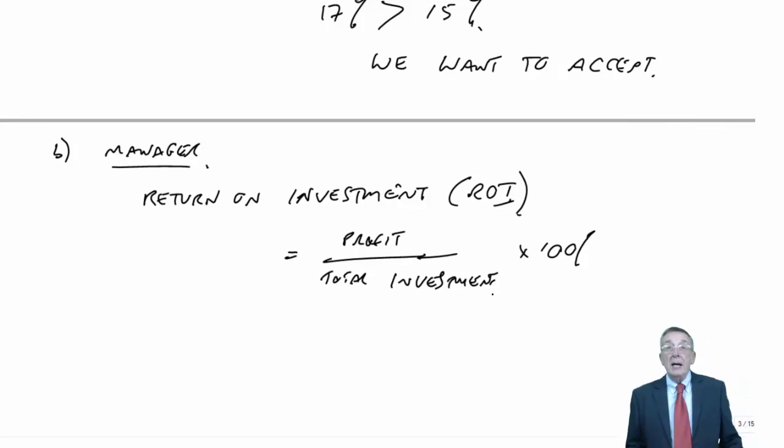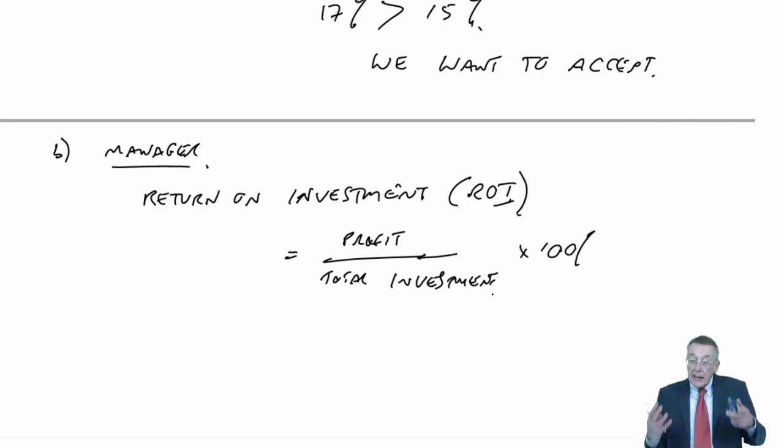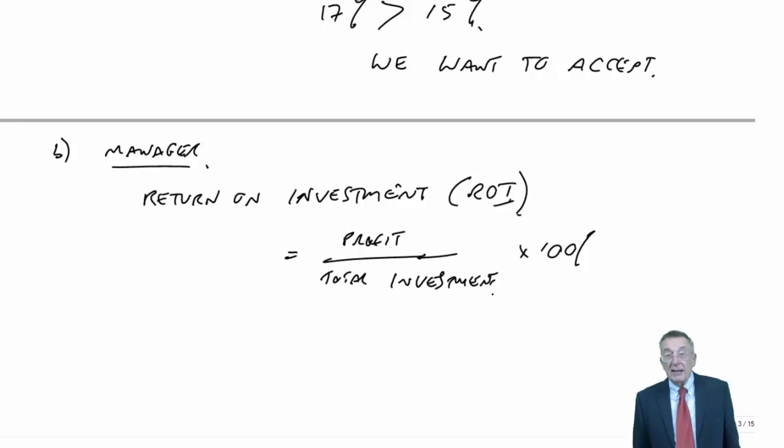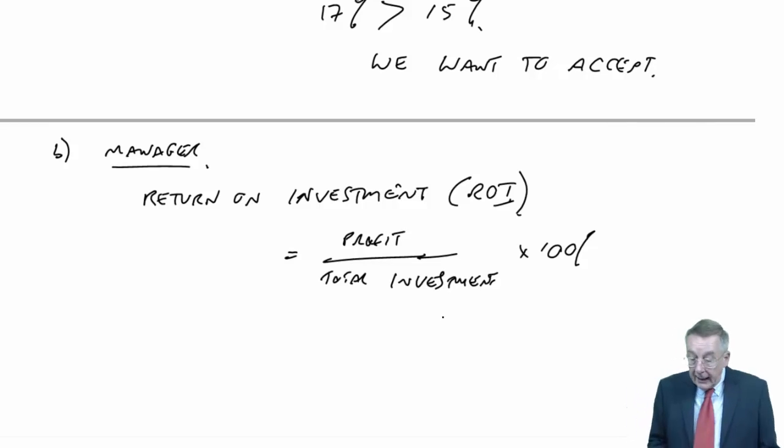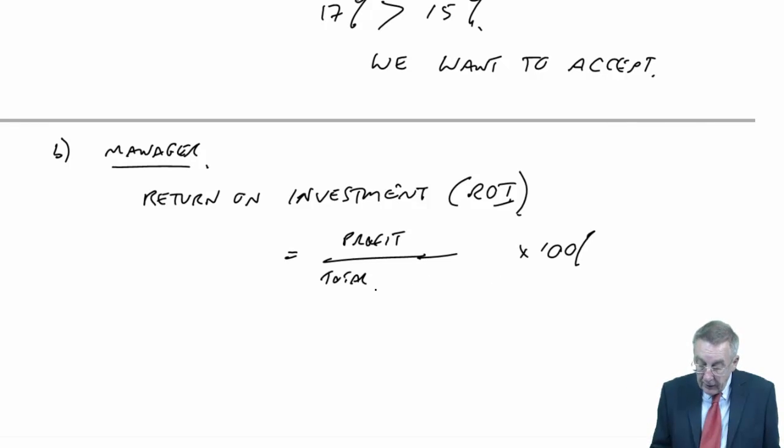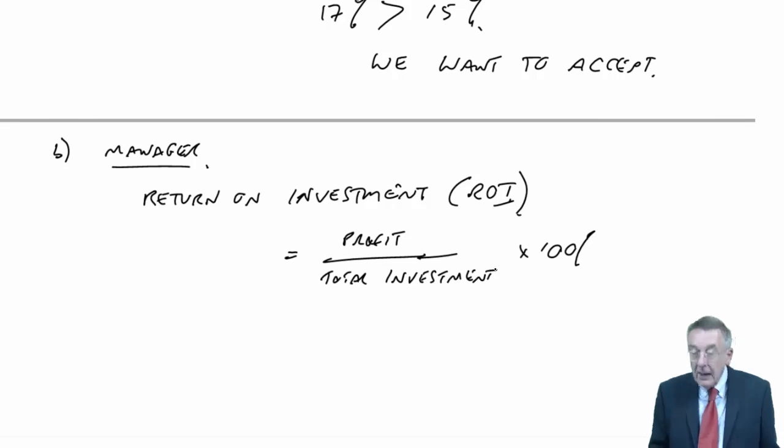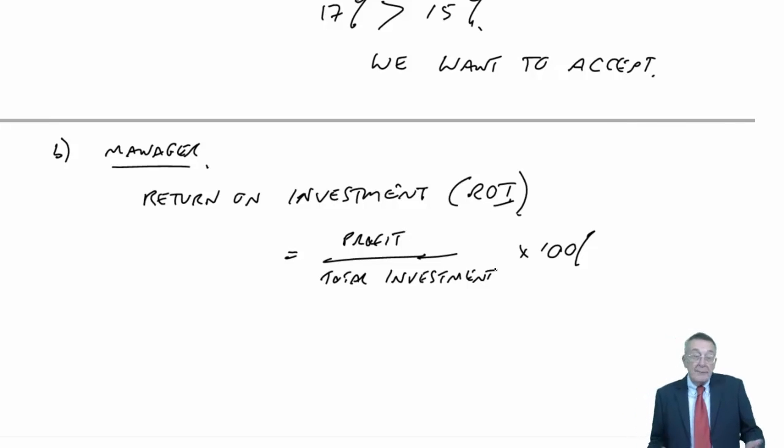Every year, perhaps, I'll ask the divisional manager to bring me a set of accounts, and I'll calculate the return on investment. If it's gone up, the manager's done well. If it's gone down, he's done badly.